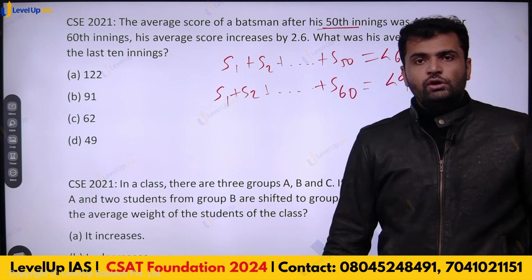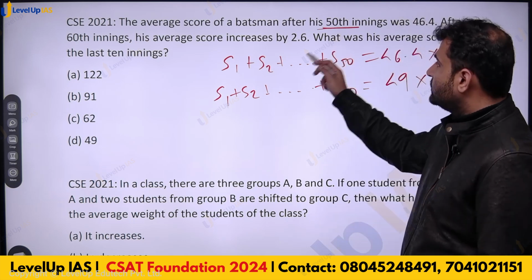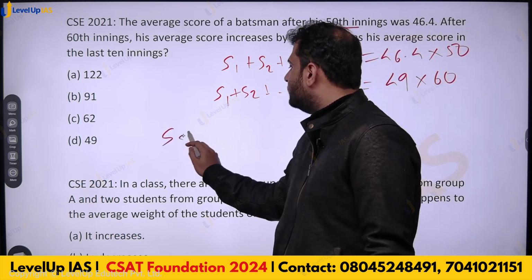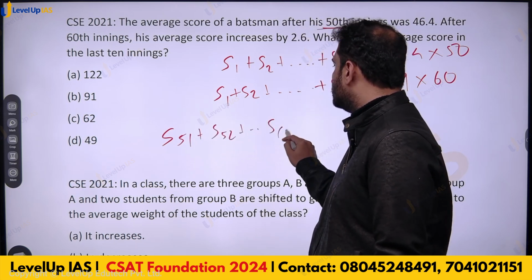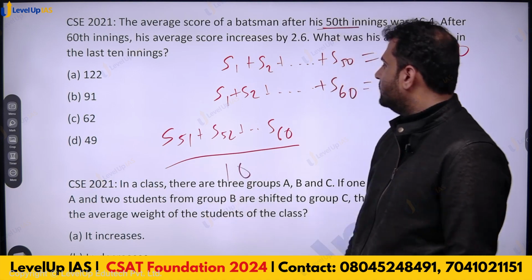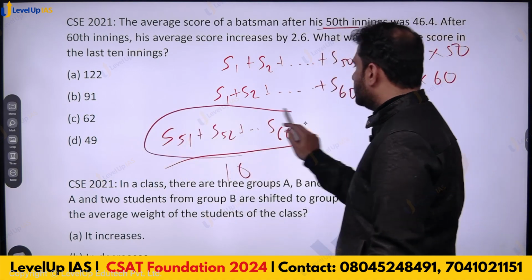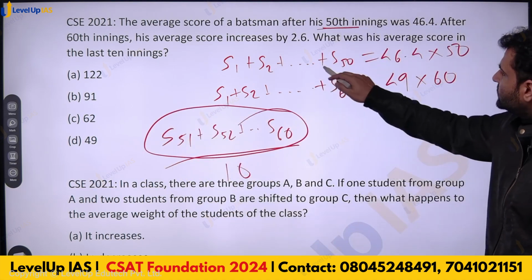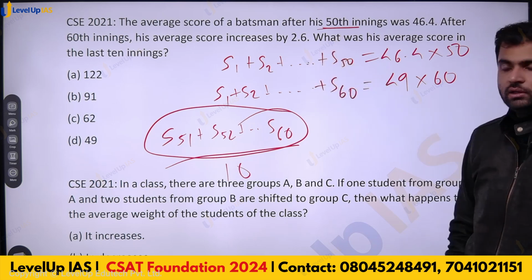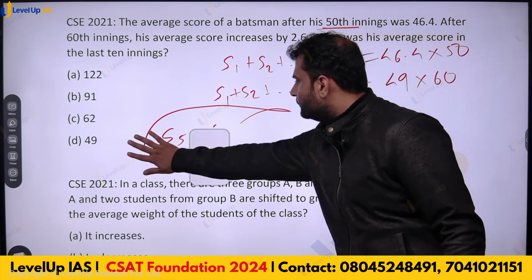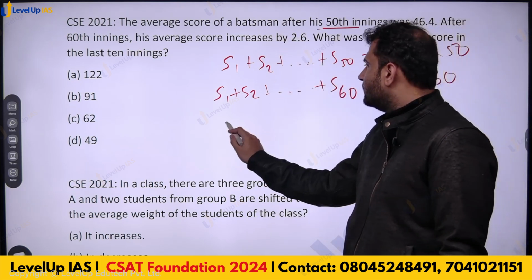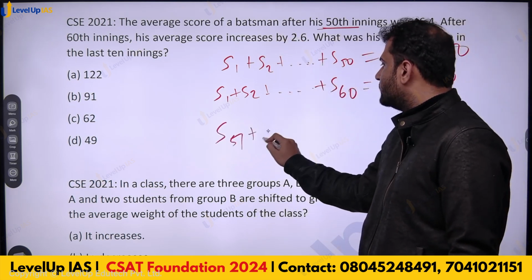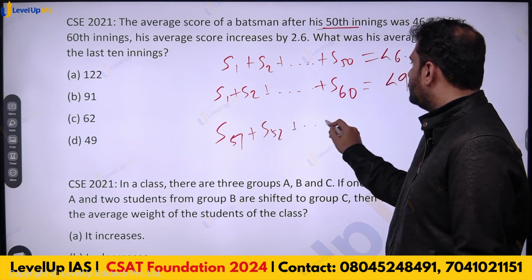Now note that we want the average of the last 10 innings, which is S51 plus S52 up to S60 divided by 10. So we need this sum, and it can easily be obtained if we subtract this from this. If we subtract the LHS, we'll get S51 plus S52 plus up to S60.